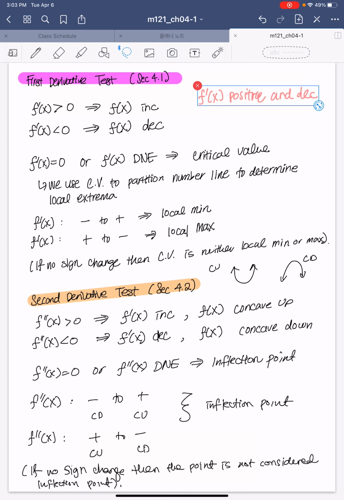So we have f prime is positive. In other words, that means this part is greater than 0. And then we have f prime decreasing. And we want to know information about f of x. So take a look. When f prime is positive, then we have an increasing function. So this tells me f is increasing.